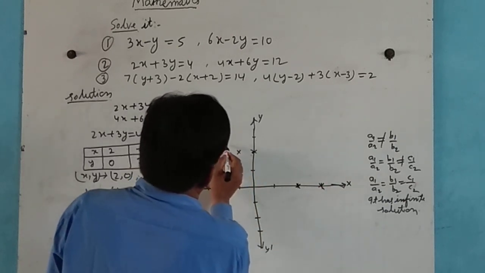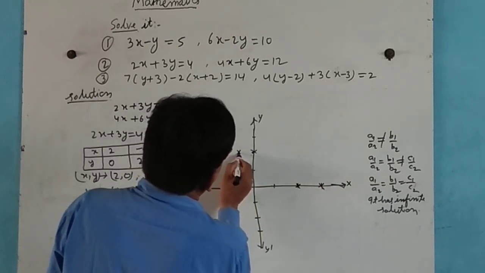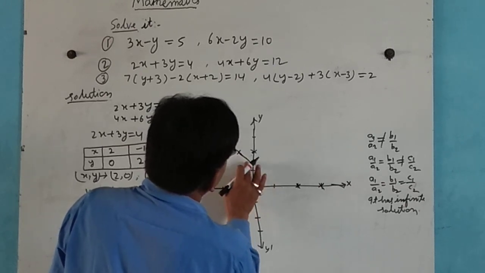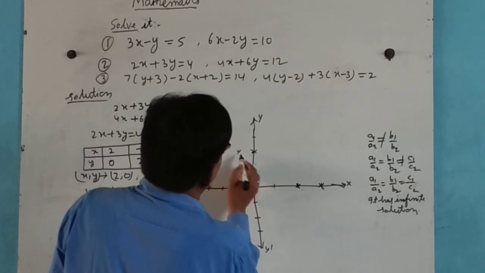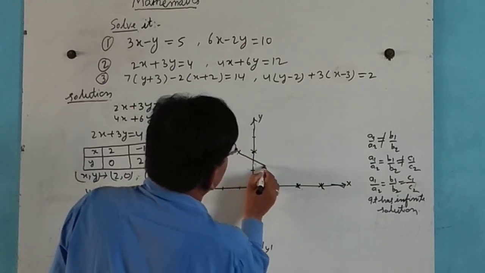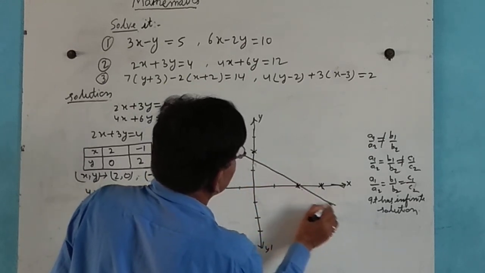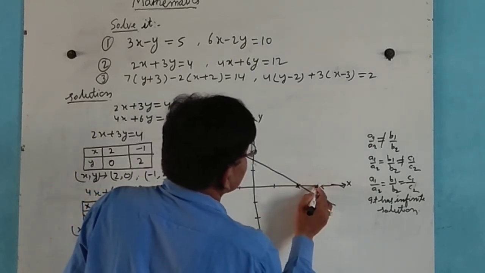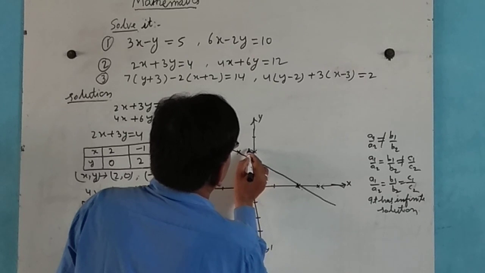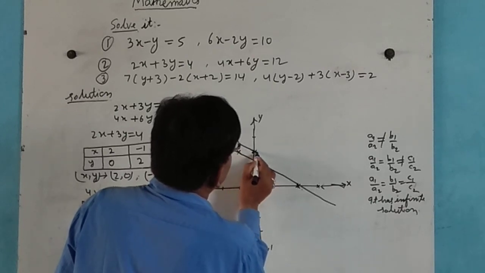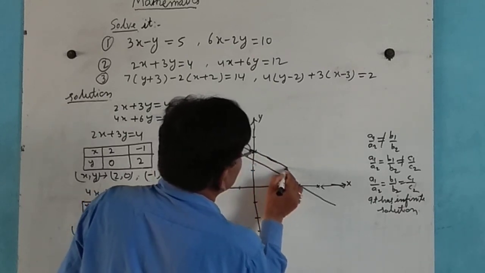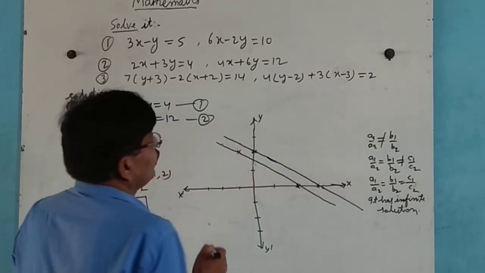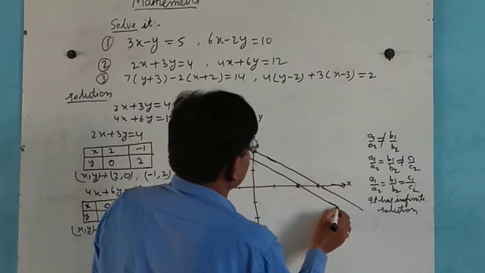We draw a line from here to this point, and this point. Both lines are parallel to each other.